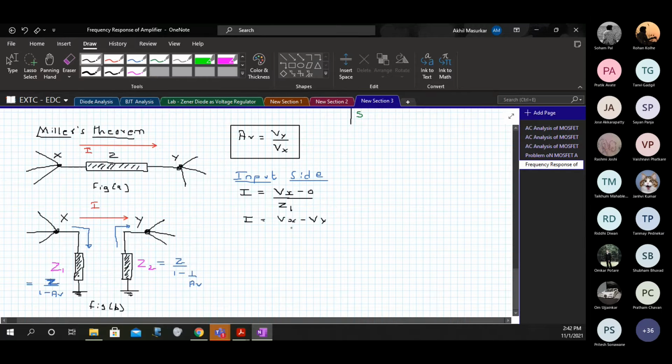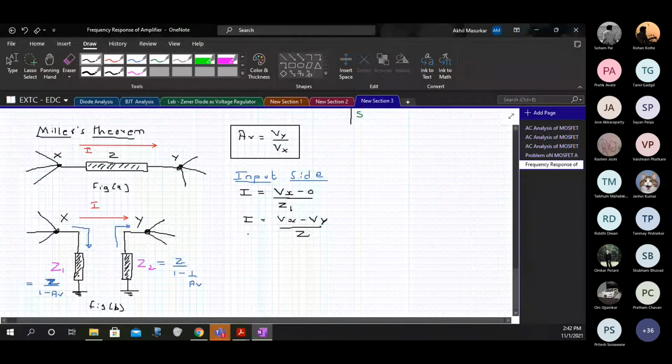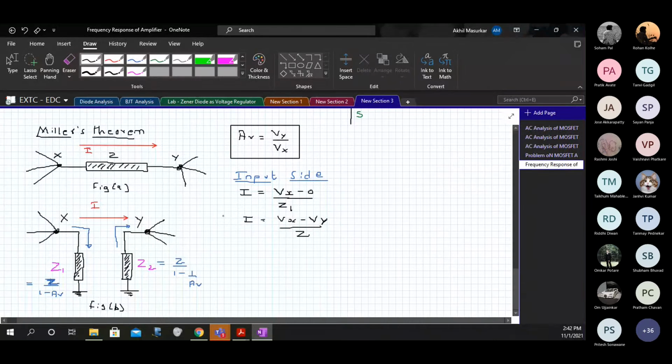Vx minus Vy upon Z. So from figure A we get this second equation, from figure B we get this first one.